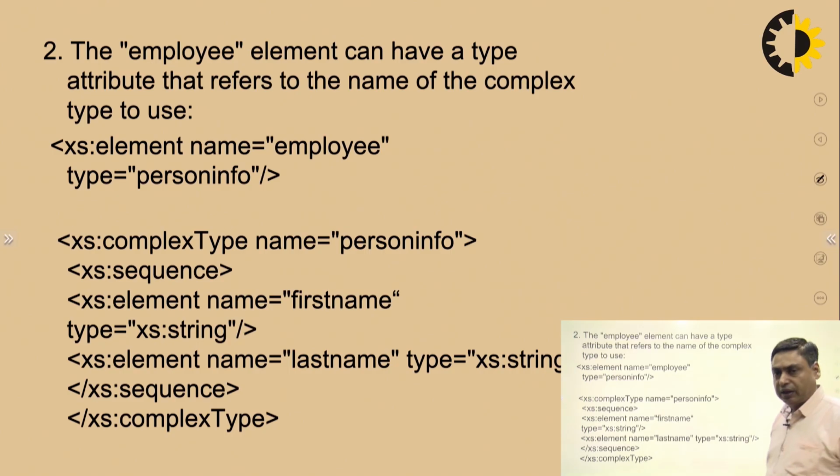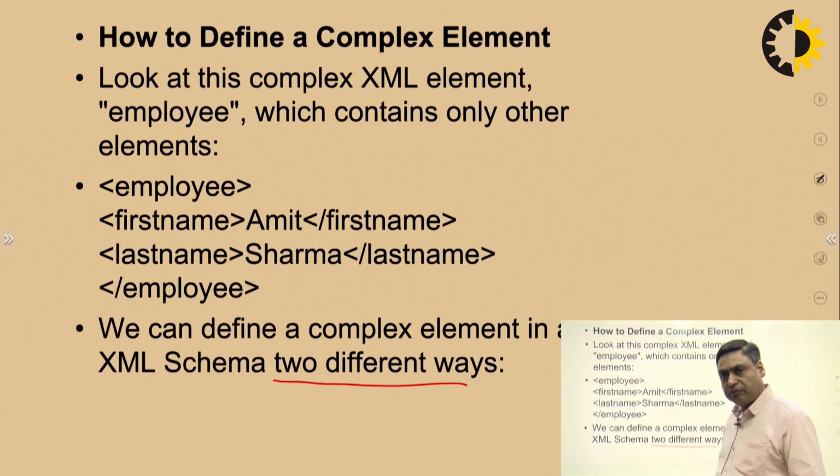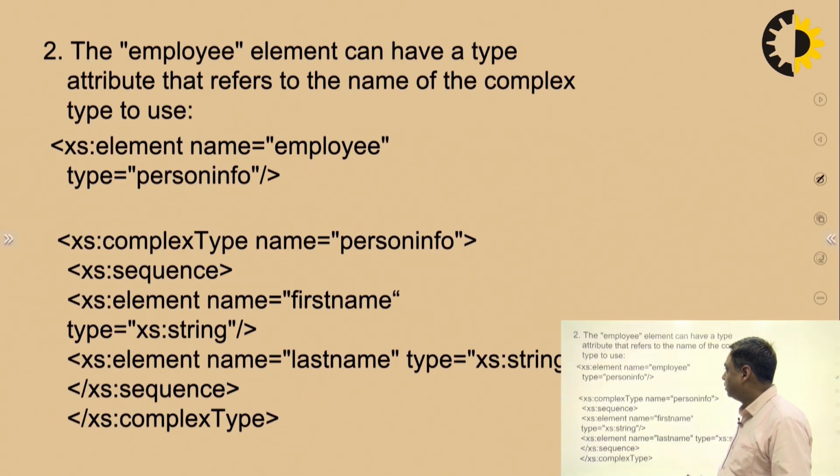The second way to define the XML schema for the XML file. This is the XML file. This is the second way we are going to define the XML schema for this XML file. In the second way, it is possible that we will make a type.